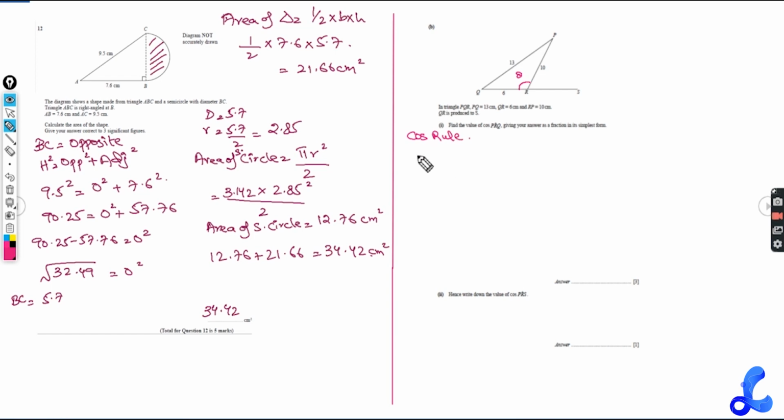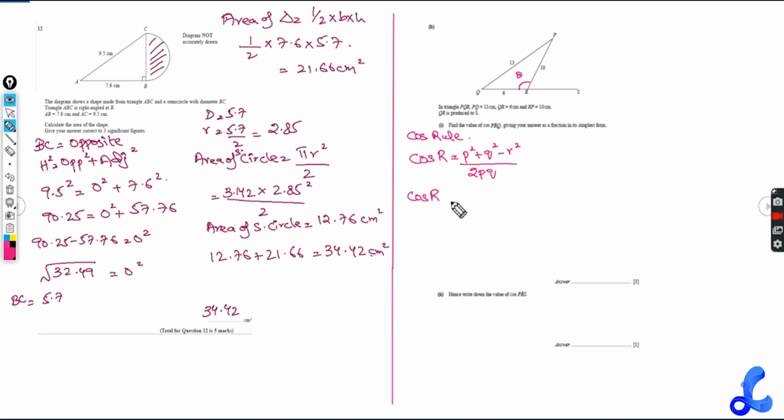And the cos rule for angle is cos theta equals to, or let me put it this way. Cos R we need to find out, right? So R's angle we need to find out. So cos R equals to P square plus Q square, so P is this, Q is this, minus R square, R is right in front of this, over 2PQ.